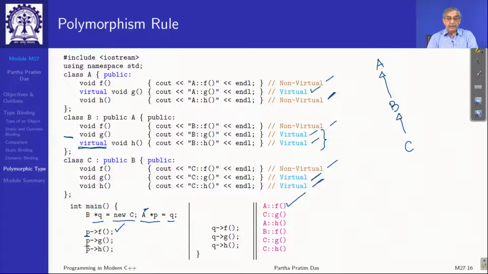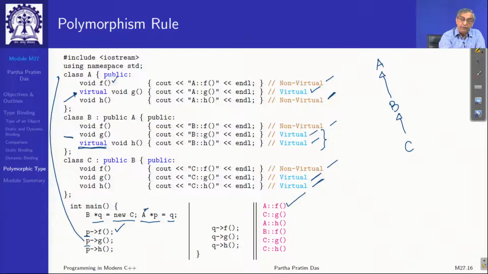G is a virtual function, right, and P is currently pointing to a C type object, right. G is a virtual function in class A, P is of class A. So, in class A it checks whether this function is virtual or non-virtual, and decides whether it will be statically bound or dynamically bound.